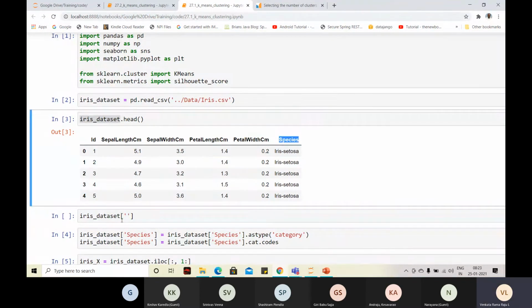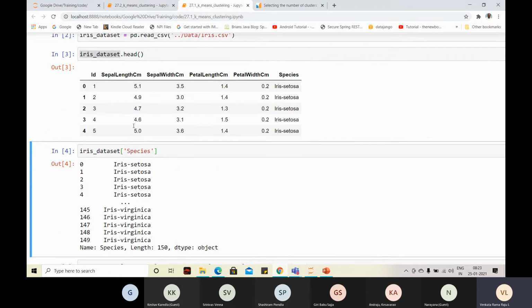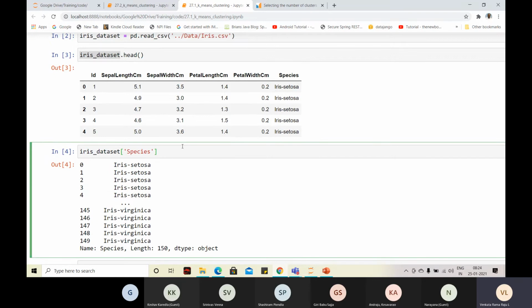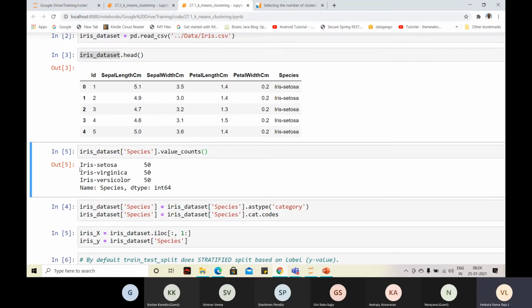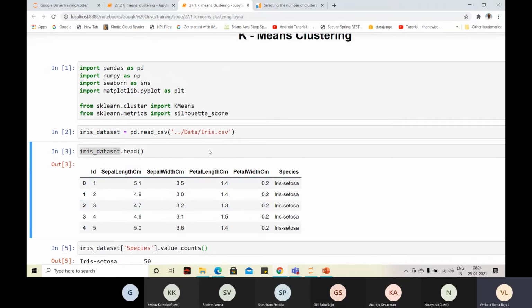In our SVM class, I showed you how many different classes there are. See that 50 records belong to Setosa, 50 belong to Virginica, 50 belong to Versicolor, right? So this is the data set.